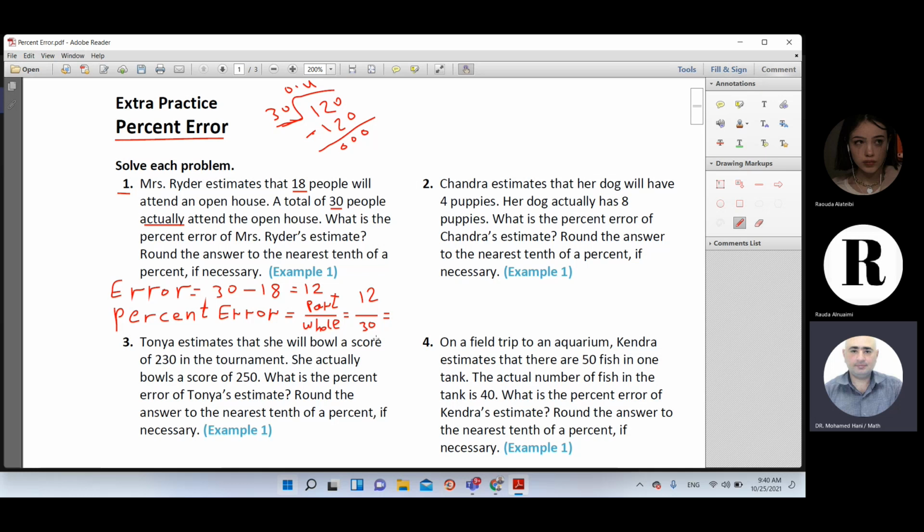So the answer will be 0.4. But this answer is not a percent. So 0.4 equals 0.40, and 0.40 as a percent will be 40%. So the percent error will be 40%.